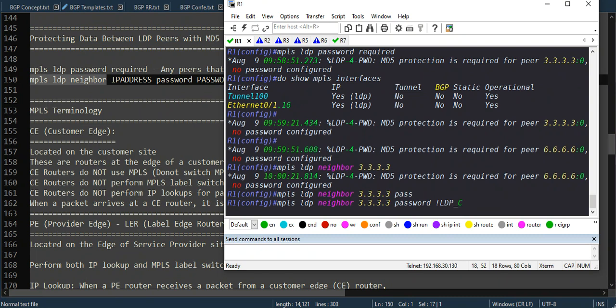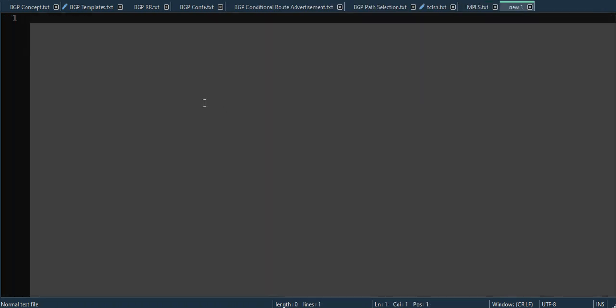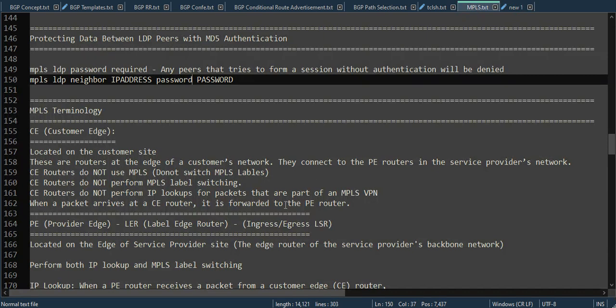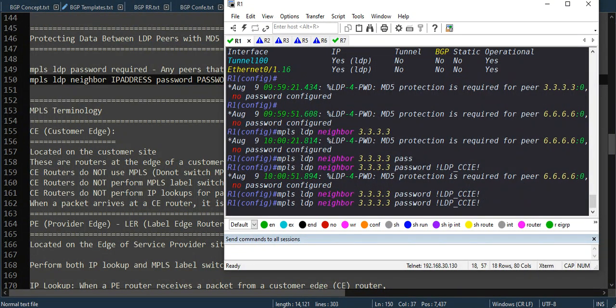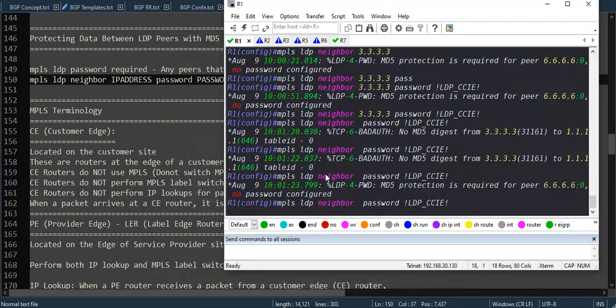Let's copy this one. And the other one is R6.